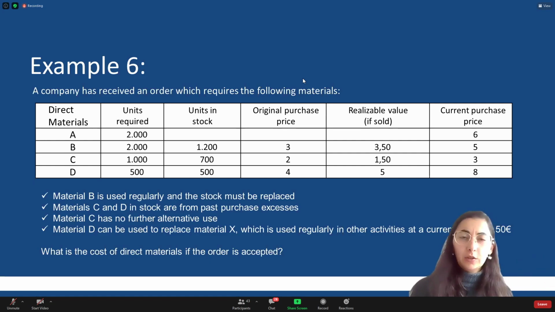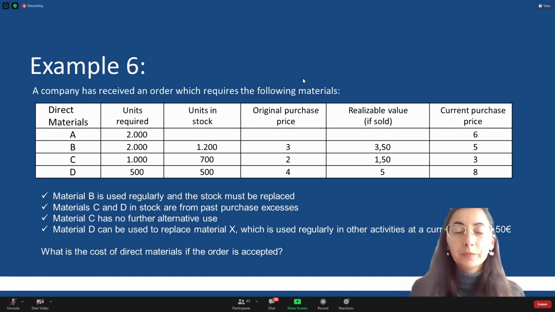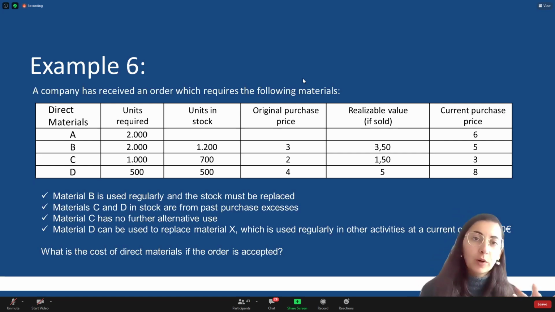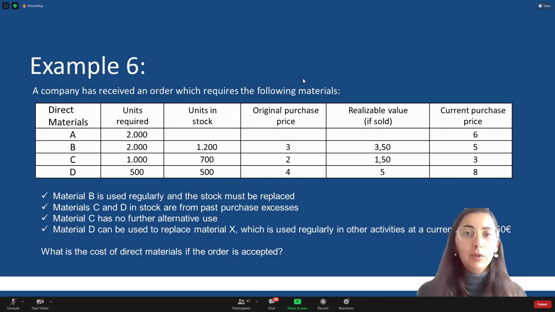When we calculate the cost of goods manufactured, we see what costs we incurred to produce. To produce these many units, we used these materials, this much labor, and this much overheads. And we do the difference with what we had in the opening inventory and what was left over in the closing inventory.